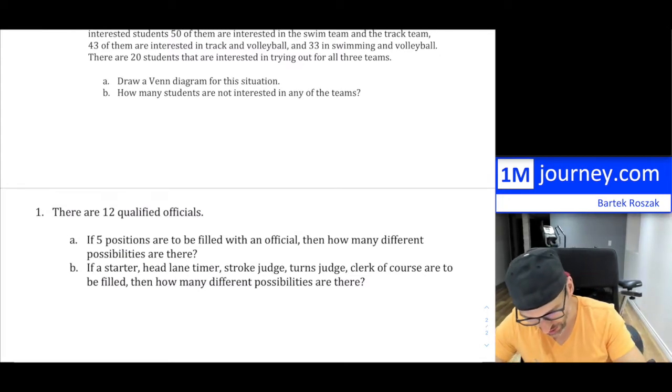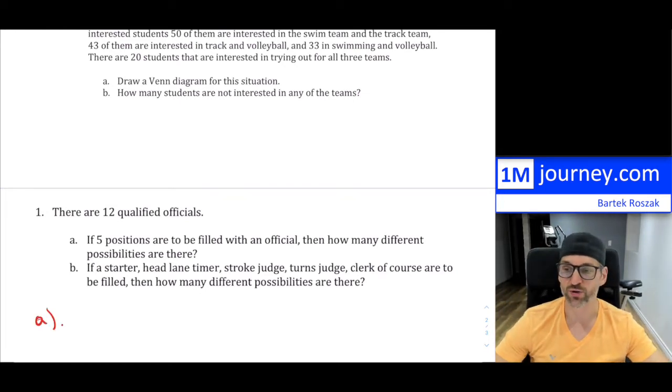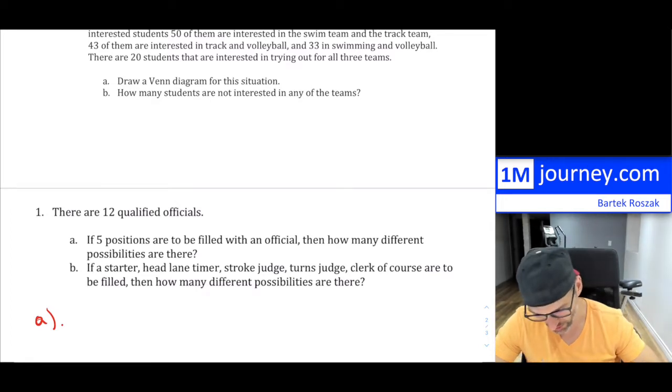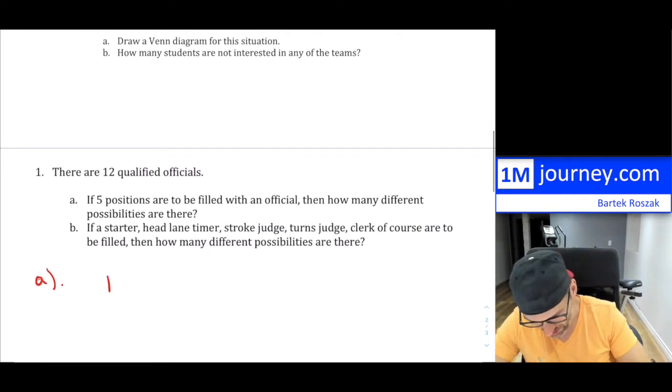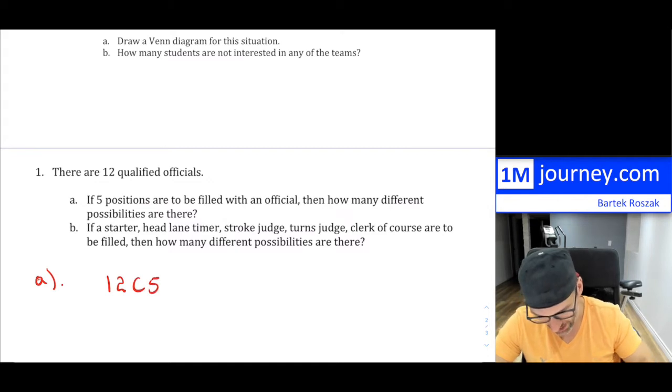This isn't a very hard question to solve, but what I always struggled with was when to use permutations, when to use combinations, when order matters and when order doesn't matter. In this case, order does not matter, because they're saying 5 positions are to be filled with an official, and they give us 12 qualified officials. They don't state anything in particular. So the answer would simply be 12 choose 5, and that is it.